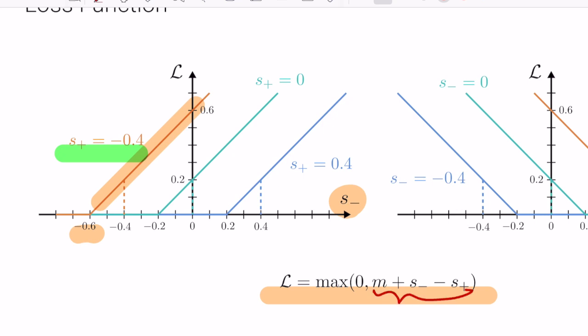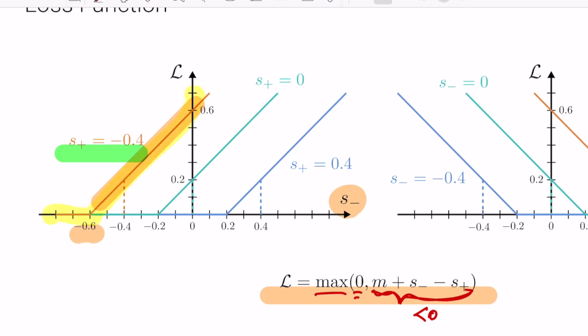Otherwise, if S minus is smaller than negative 0.6, this term is smaller than 0, so it should always be 0 because of the max operation. So the loss graph looks like this.